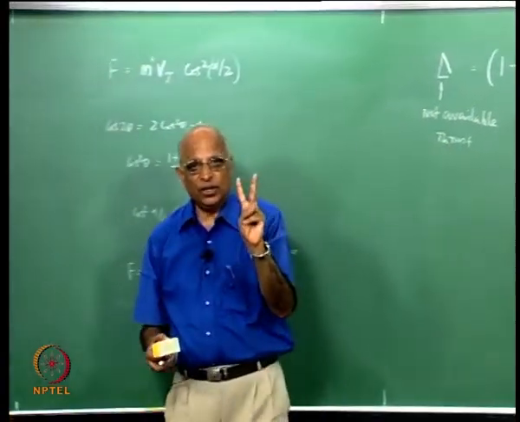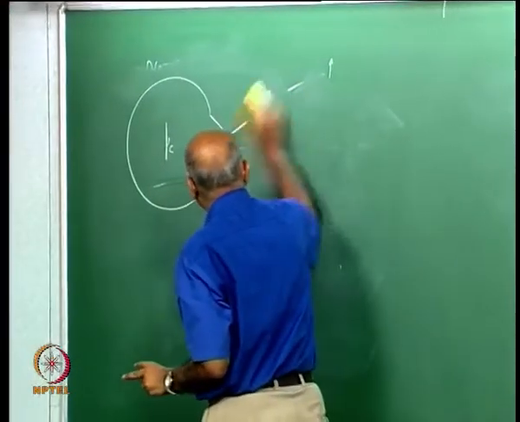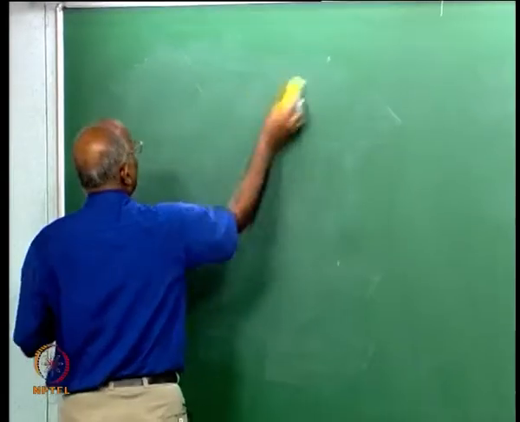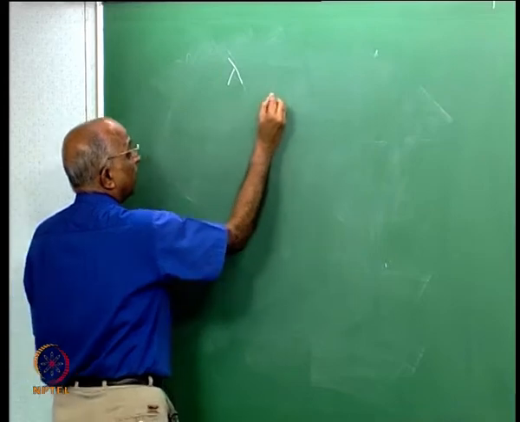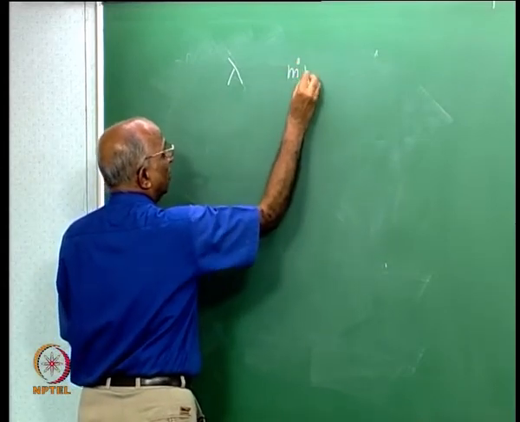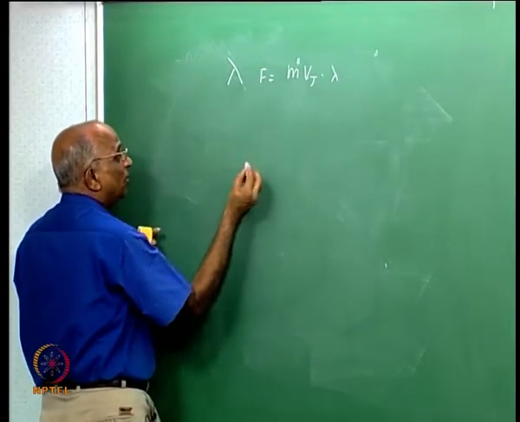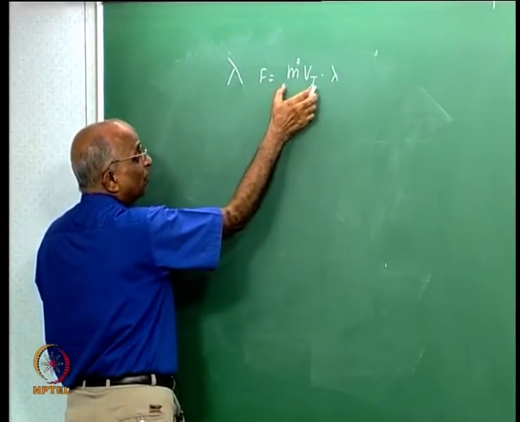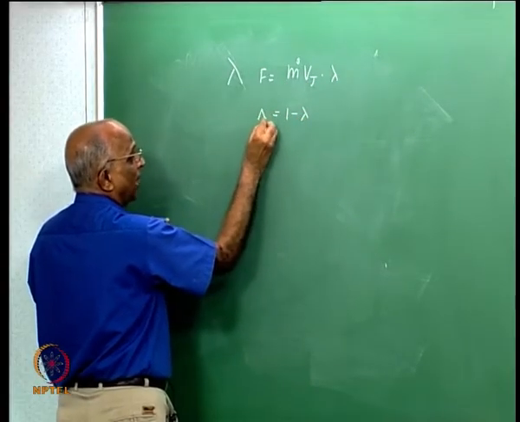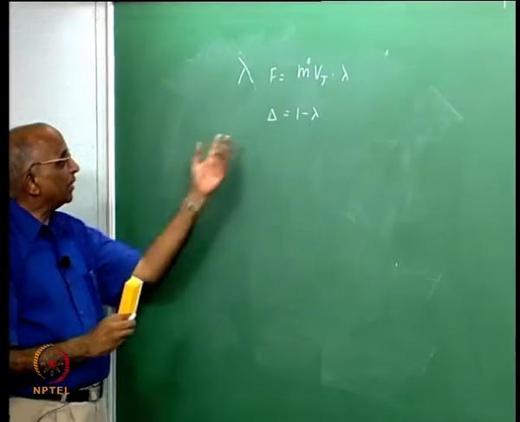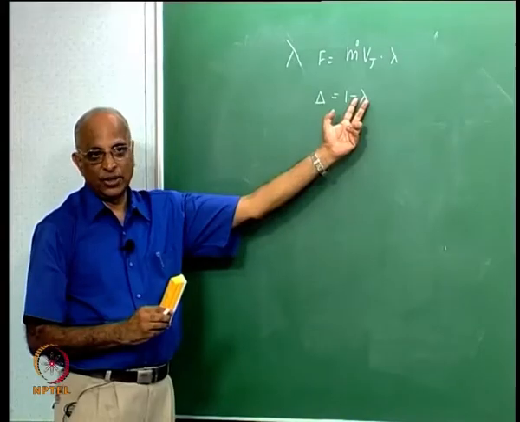Therefore, I have defined two terms for the actual divergence effects. Lambda is the divergence loss factor, by which I multiply m dot Vj to give me the thrust. What is not available? If everything was actual, the thrust would have been m dot Vj, therefore 1 minus lambda is not available. Therefore, I said capital delta is related to the availability lambda.